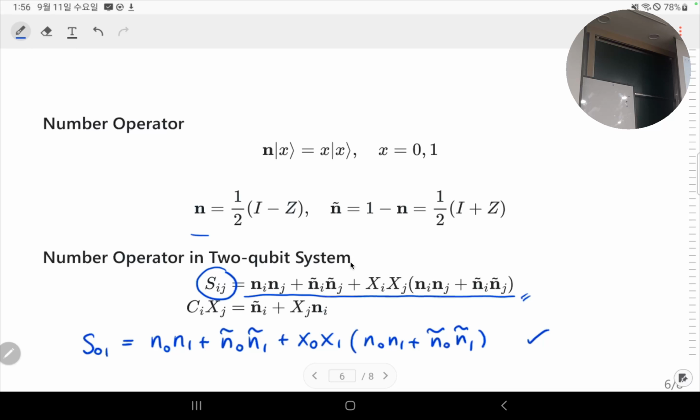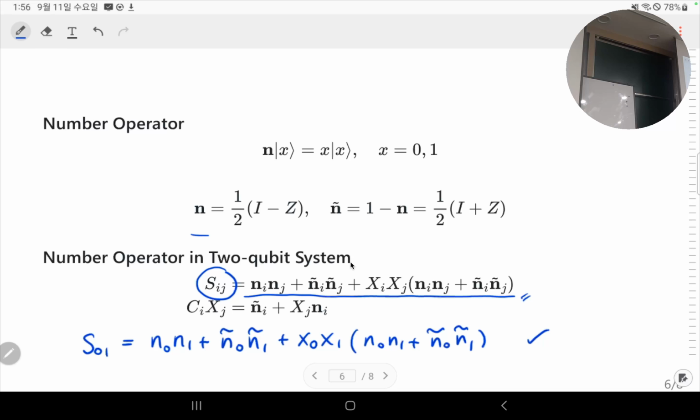Or if you have a tensor product of two 1 qubit states, then you can split it into a sum of basis states 0 0, 0 1, 1 0, 1 1, and then apply this 2 qubit gate on each basis state and see the result. Do you want to go through an example together?